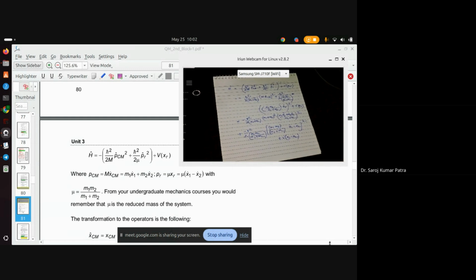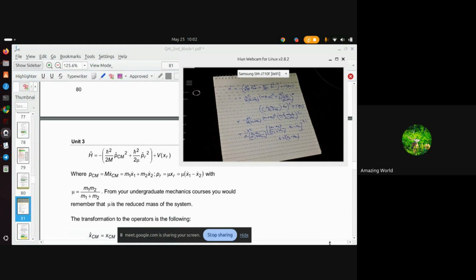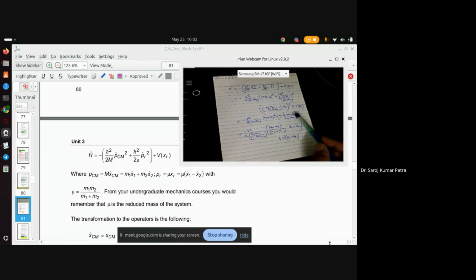Is it clear? Are you following this equation? Yes, sir. Then you can do this algebra and try to simplify. If you simplify this equation, you should get 3.12b. Can one of you work it out quickly?